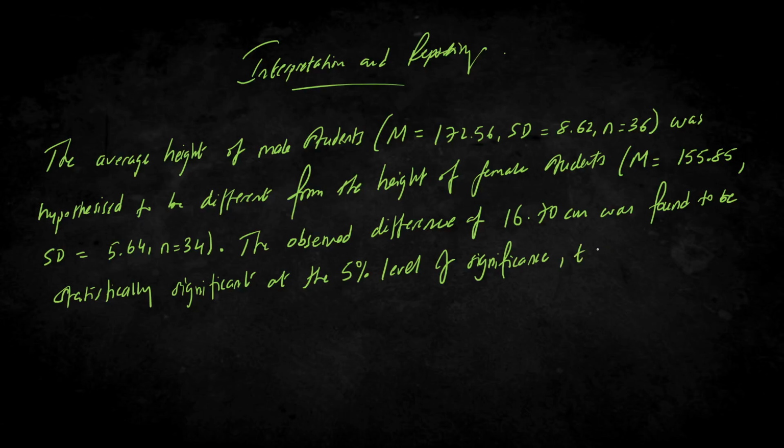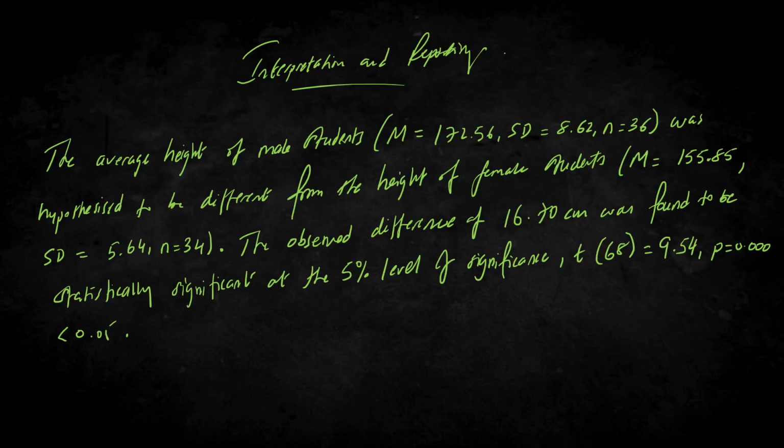And you can report it. T with degrees of freedom 68 is equal to 9.9, p is equal to 0.000, which is less than 0.05, right? And that's it.